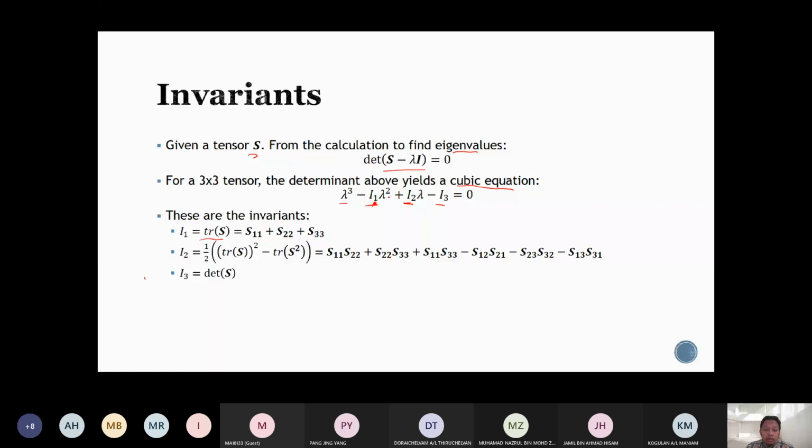And then I2 is this formula, and I3 is the determinant of S. So I1, I2, and I3 are the invariants, other invariants for the matrix, for the tensor. If you expand this determinant of the matrix, you get this equation in cubic form. Don't worry, later when you do the exercise and when we discuss it next week, we will see what I mean by I1, I2, and I3.